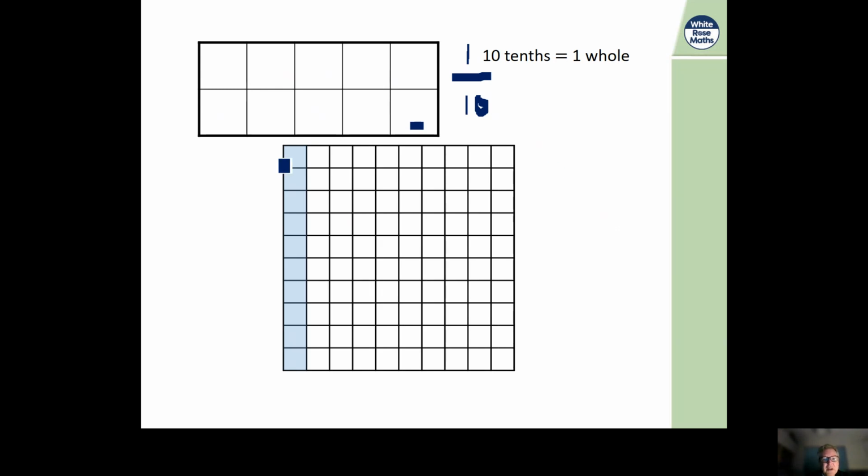There we go. So this down here does represent a tenth, and now the tenths has been subdivided into, and it's a square, so it should be 10. But we can double check. 1, 2, 3, 4, 5, 6, 7, 8, 9, 10.